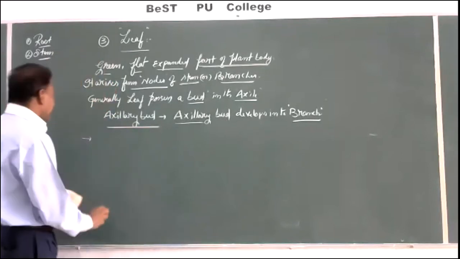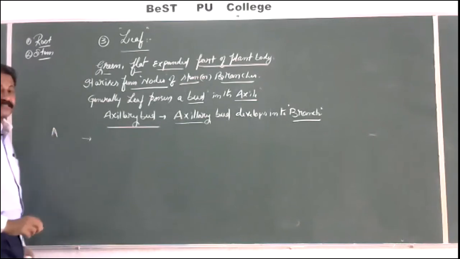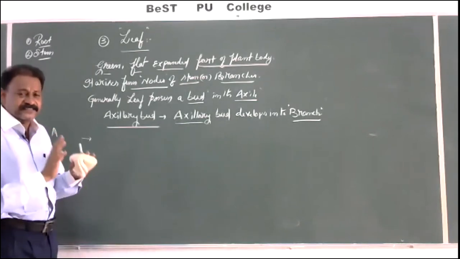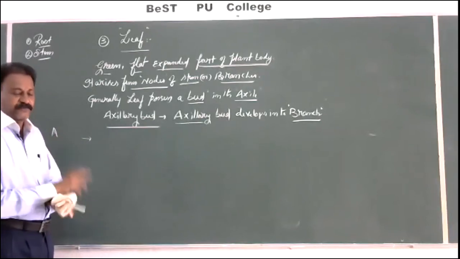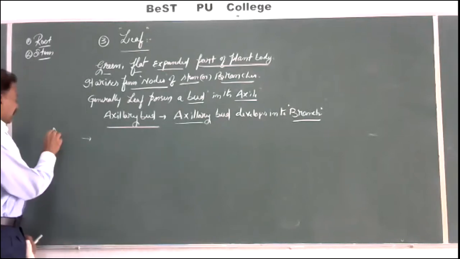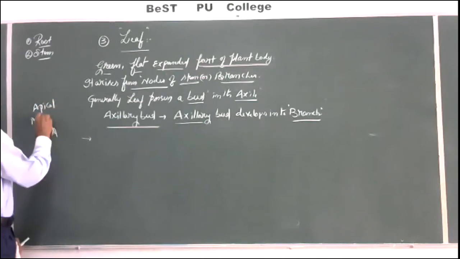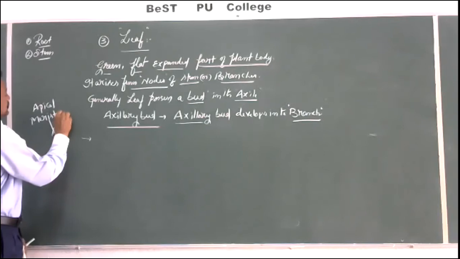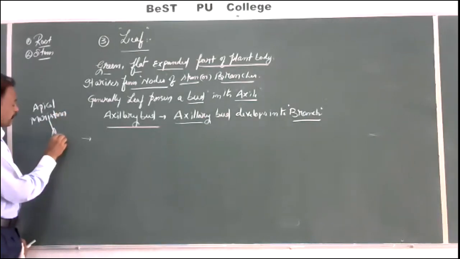means when stem is growing, this is stem, the apical meristems, the meristematic cells means always the cells which are in a dividing state, in a continuous state of division, always young. So these are called apical meristems of the stem. So these apical meristems, they will produce leaf primordia.